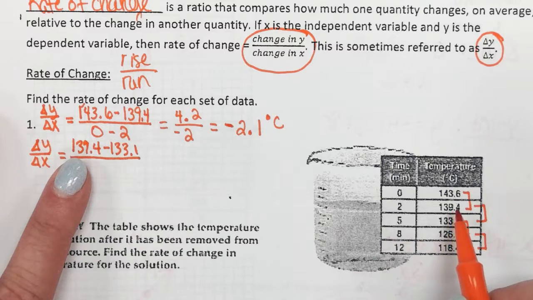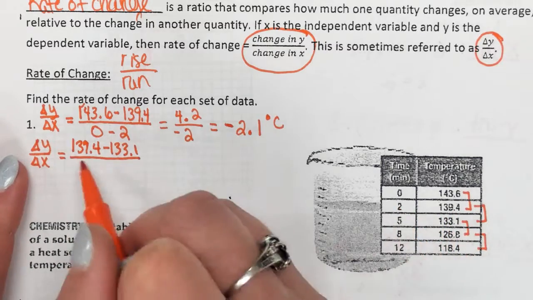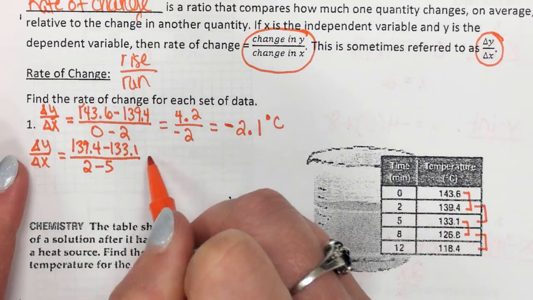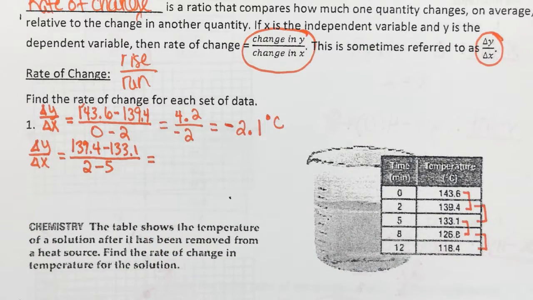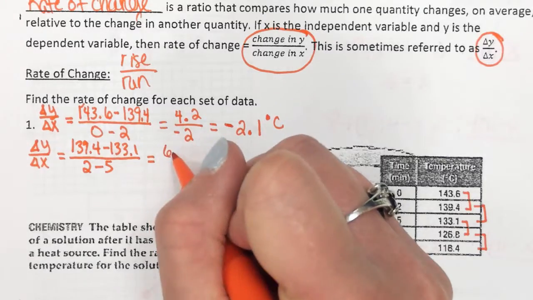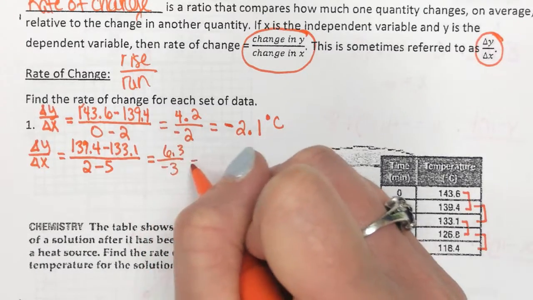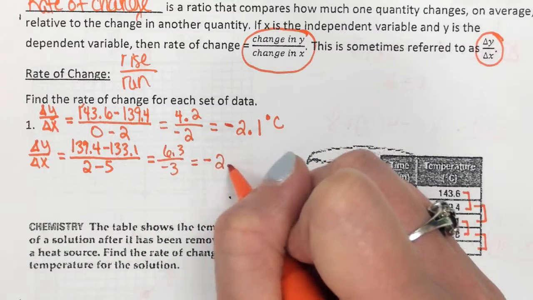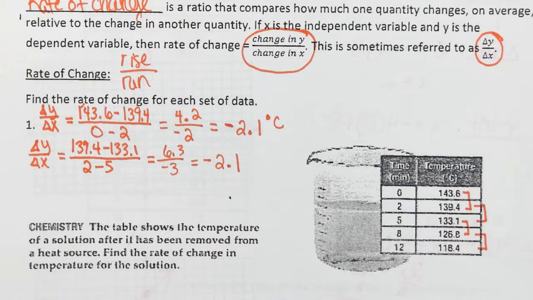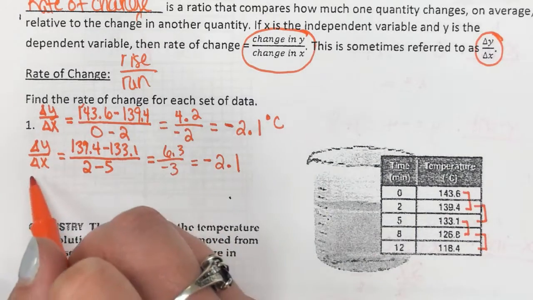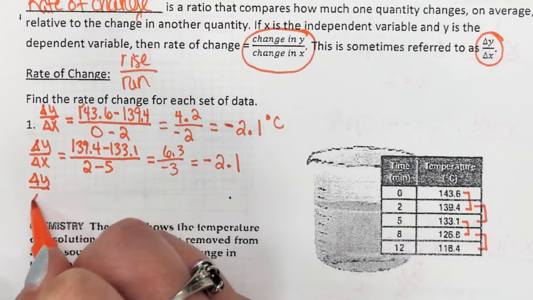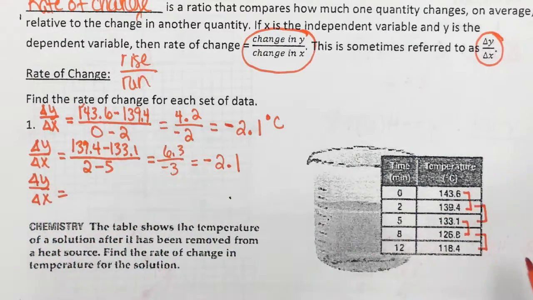What's the x that goes with 139.4? 2 minus 5. Subtracting, what do you get? 6.3 and negative 3, and divide them, and you get the same thing, right? We got to check them all and make sure they're all the same, because I promise if you don't check them all, that's when they're not going to be the same.